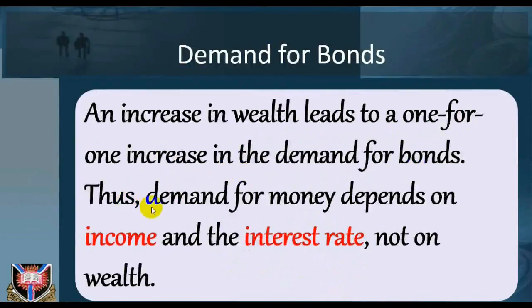This conclusion comes from our assumption that the demand for money depends on income and the interest rate, not on wealth. Thus, an increase in wealth goes into higher bond holding rather than into higher money holding. An increase in income leads to an increase in the demand for money and thus to a decrease in the demand for bonds. And an increase in the interest rate, which makes the bond more attractive, leads to an increase in the demand for bonds.